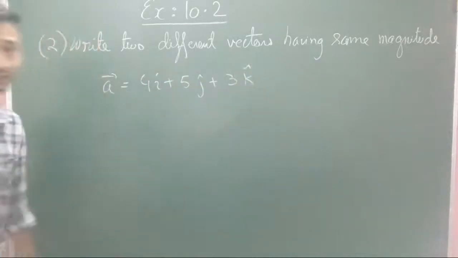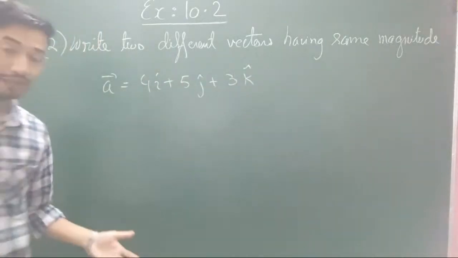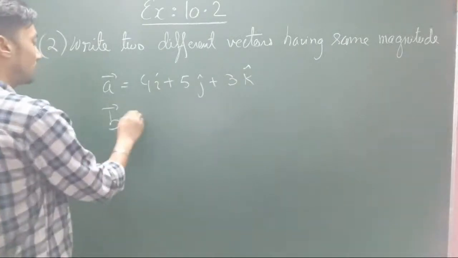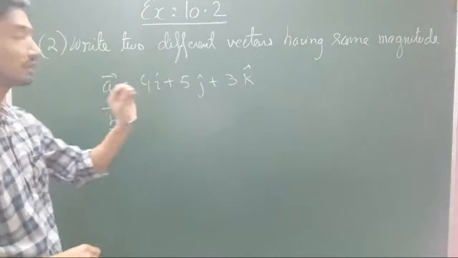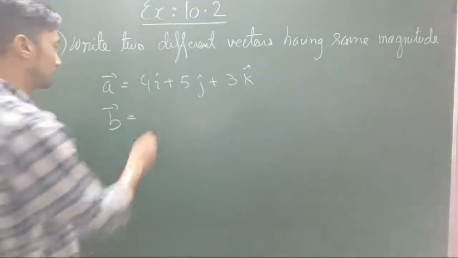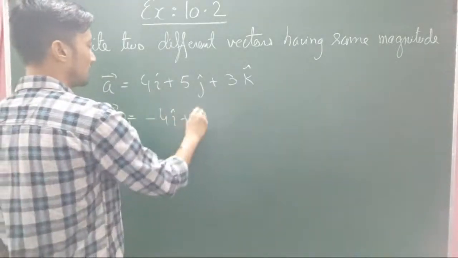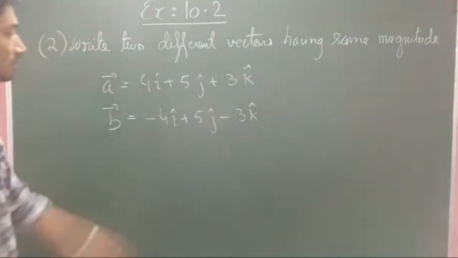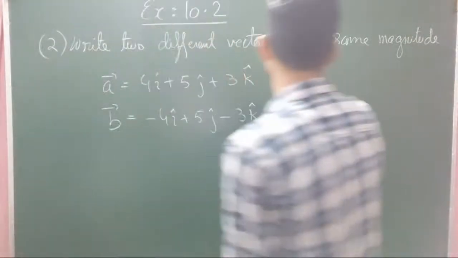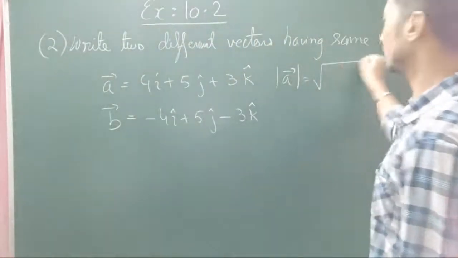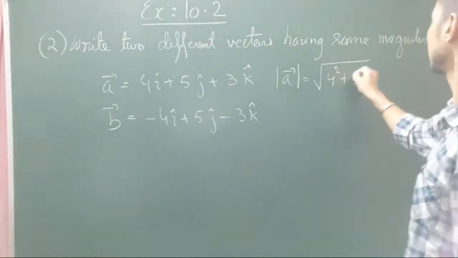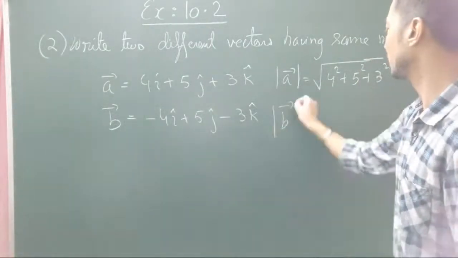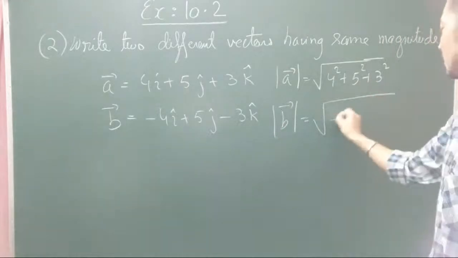This is one vector. The condition is they should have the same magnitude only. So the other can be, you can just keep the numerical values of the coefficients the same: minus 4i plus 5j minus 3k. You will see that the magnitude will be the same, because the magnitude of vector A would be 4 square plus 5 square plus 3 square, and the magnitude of vector B also would be minus 4 square.